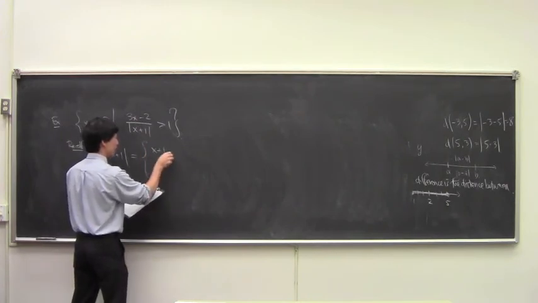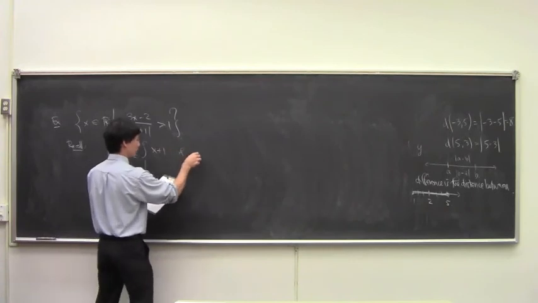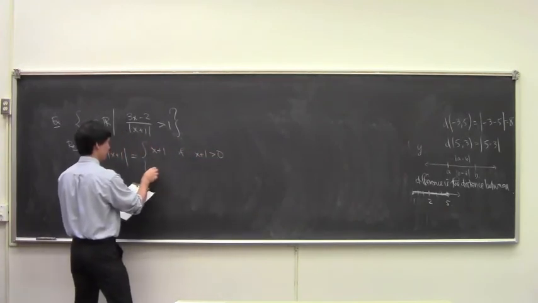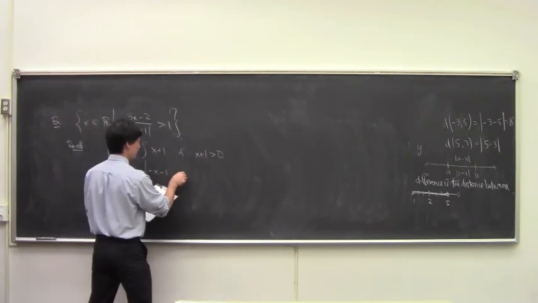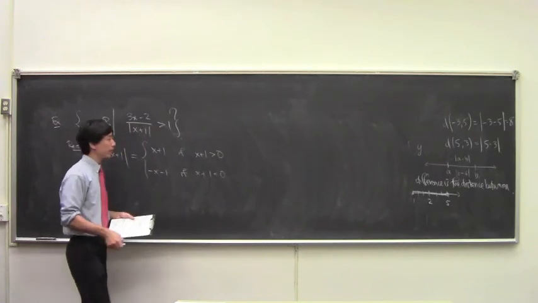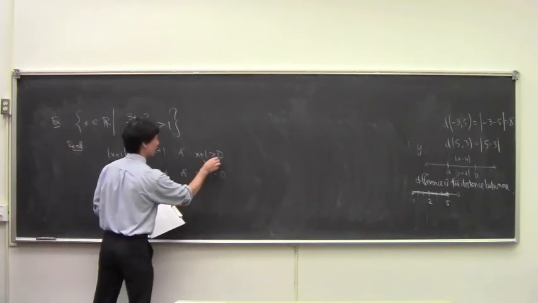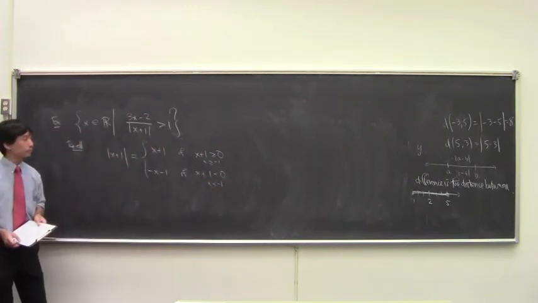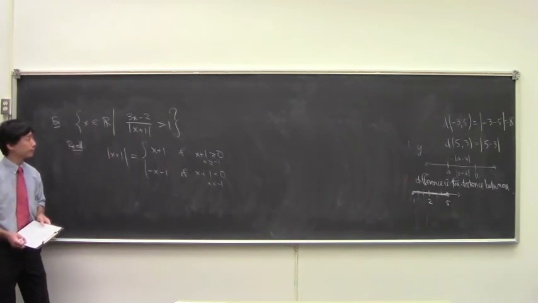It is just going to be x plus 1 if x plus 1 is bigger than 0. And it's going to be negative x minus 1 if x plus 1 is less than 0. In other words, if x is bigger than negative 1, or x is less than negative 1.